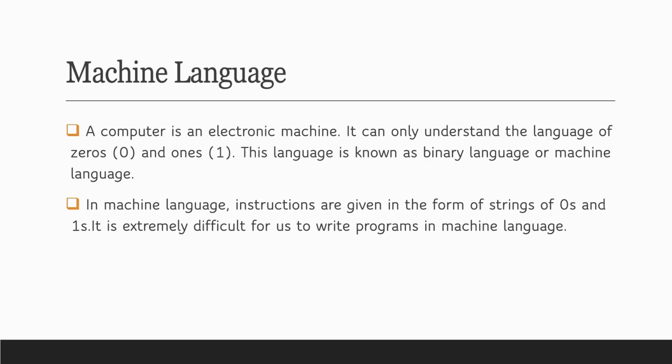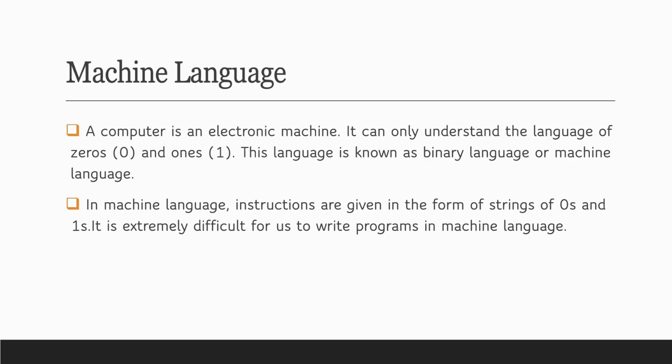For example, even a simple task like adding two numbers has to be broken down into tiny steps, each step coded in zeros and ones. Now, you can imagine how difficult it would be for us humans to write entire programs like this.